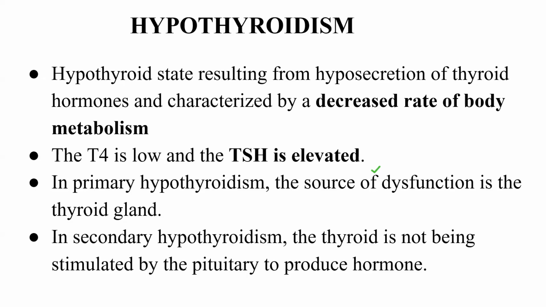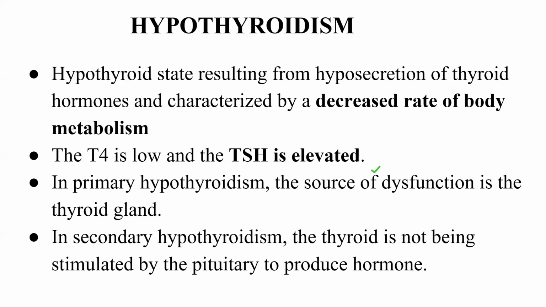So when there's low production, what happens? The rate at which the body metabolizes everything we eat is being reduced. So the T4 is low, and the TSH is elevated. In primary hypothyroidism, the source of dysfunction is the thyroid gland.